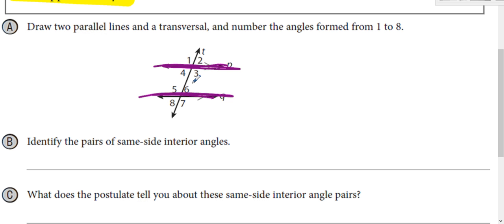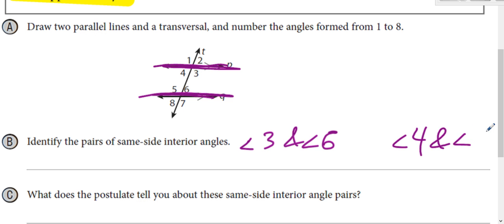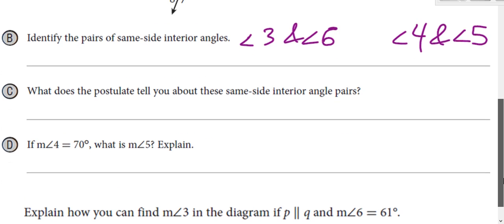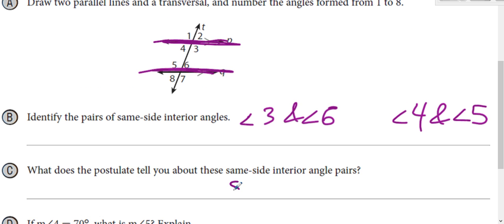And then same side, that would be 3 and 6, and also 4 and 5. That's another pair. And the postulate we were just talking about says that they are supplementary. So we could write that they're supplementary.